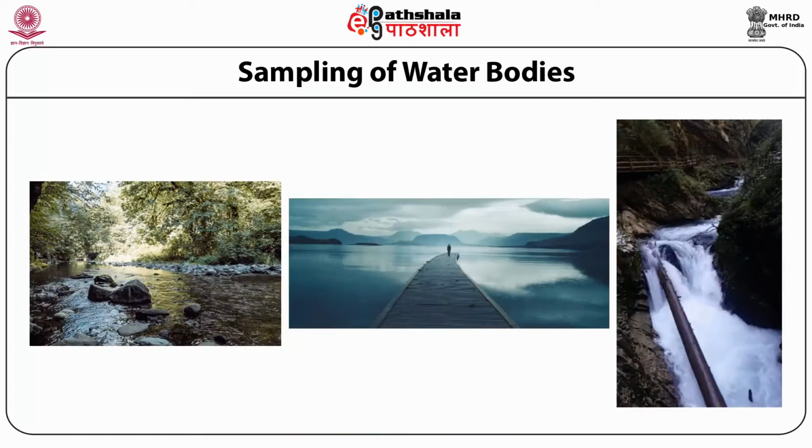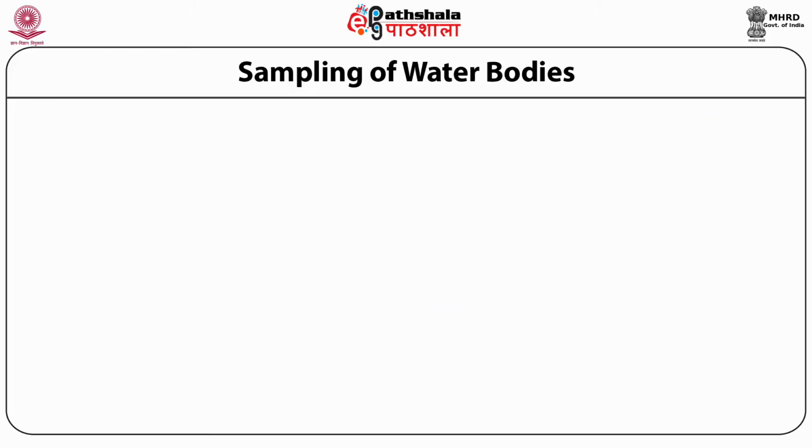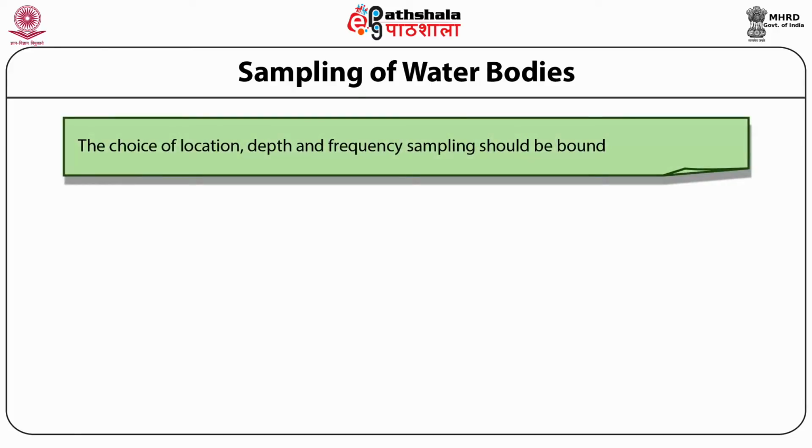Now, we will discuss the sampling of water bodies. Because of the wide variety of conditions found in streams, lakes, reservoirs, and other bodies of water, it is not possible to prescribe the exact point of sampling. The choice of location, depth, and frequency of sampling should be based on local conditions and on the purpose of the investigation.